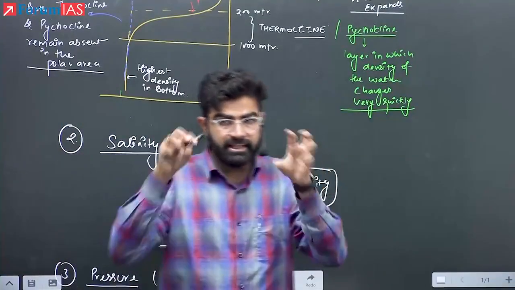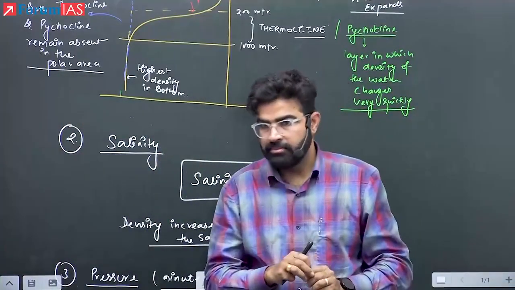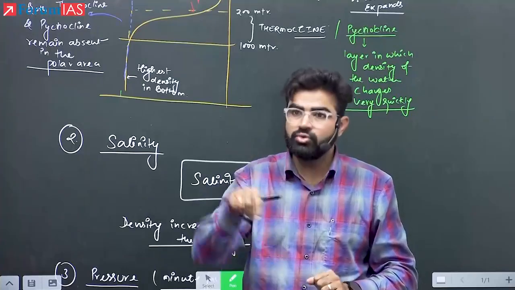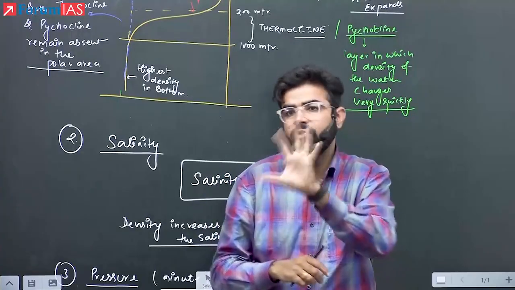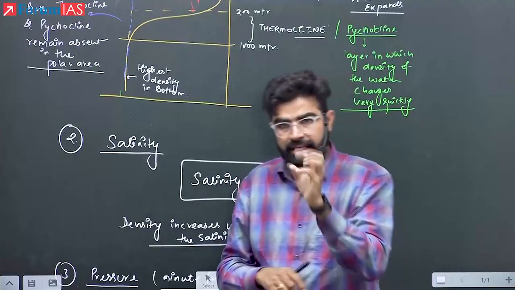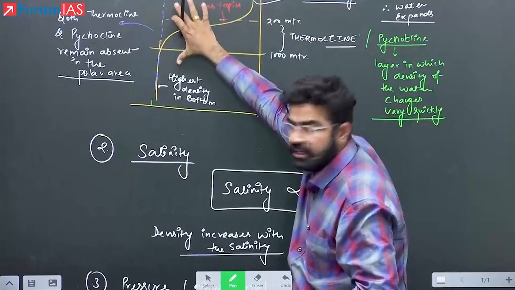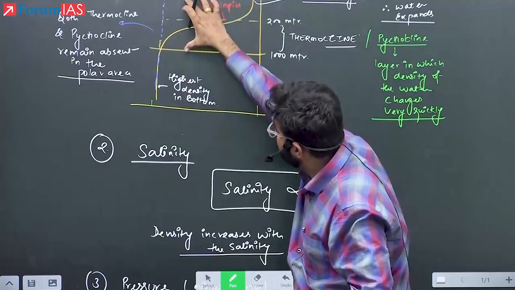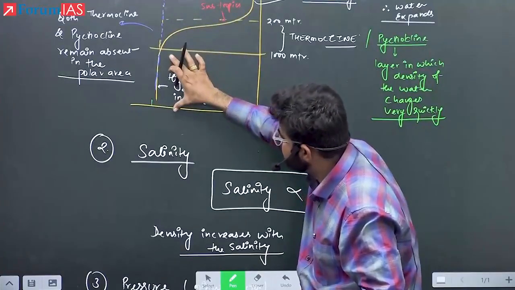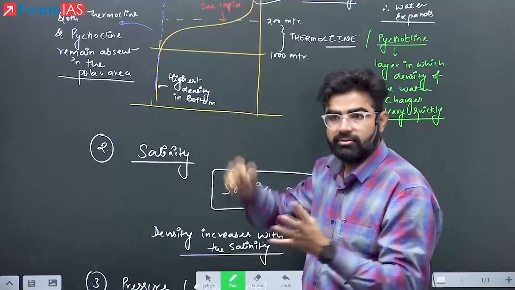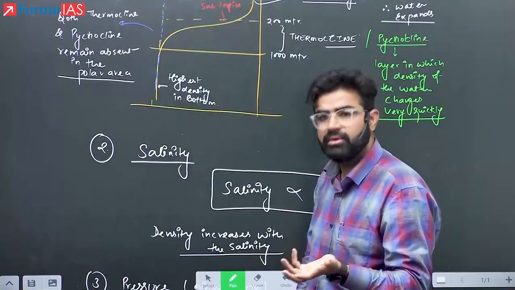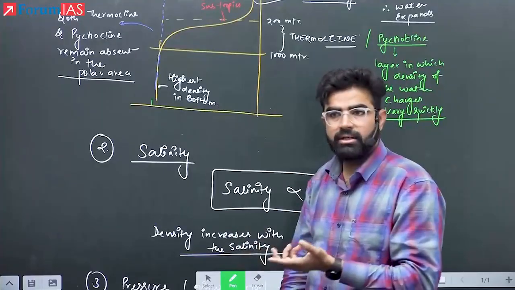Why was the density in the Earth's core maximum? Because of superincumbent load, one factor. The second was the nature of the minerals itself. Now, if I consider the superincumbent load of this entire area, can I say that due to the pressure exercised in the bottom layers, the density would be maximum in the bottom? Yes or no? Yes, because of the superincumbent load.